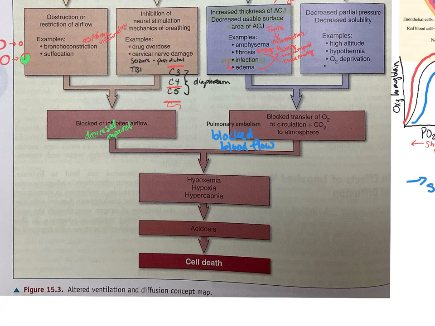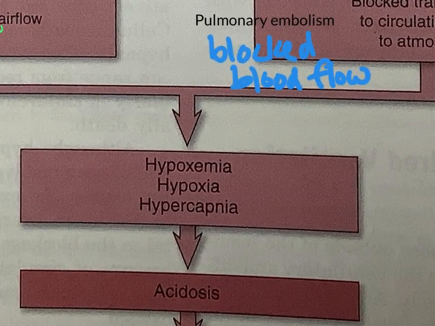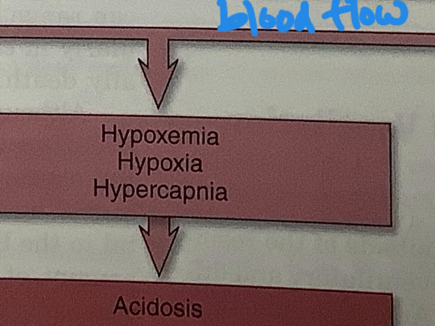And any of those things, ventilation, diffusion, or a flow issue can cause hypoxemia, hypoxia, what's that? Yeah, low O2. And we're really saying hypoxemia, that's in the blood, hypoxia at the cellular level. I have a lack of it.